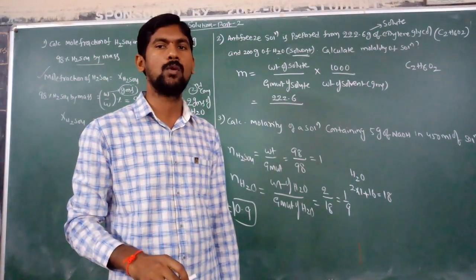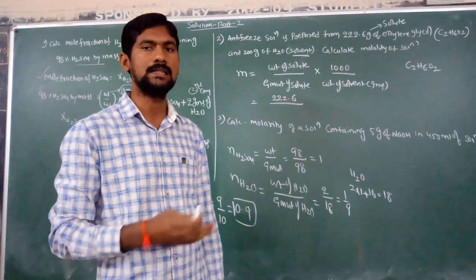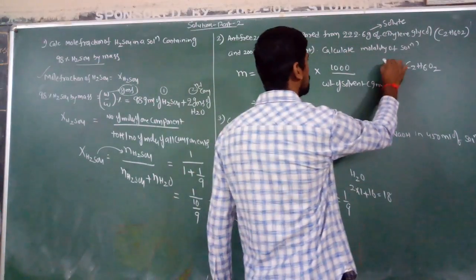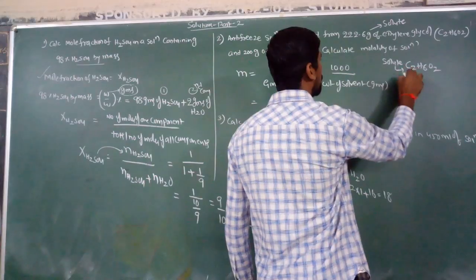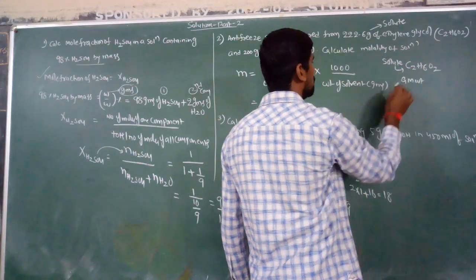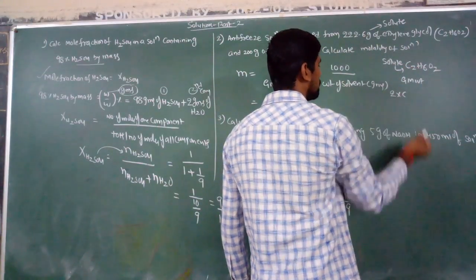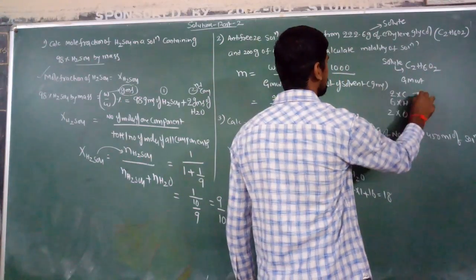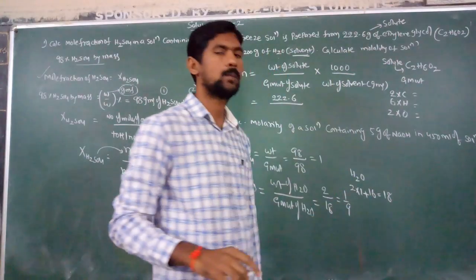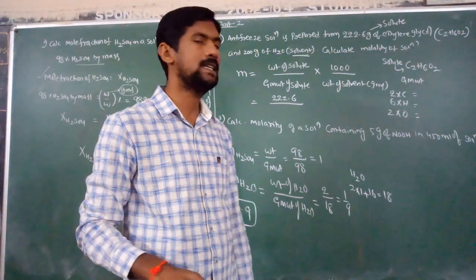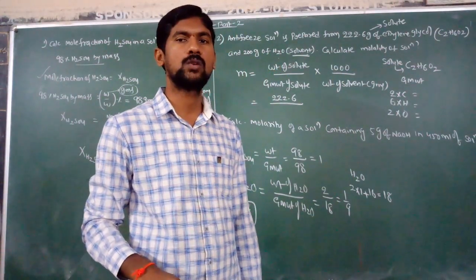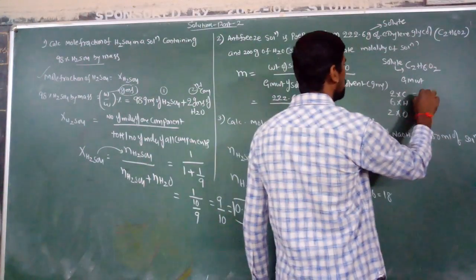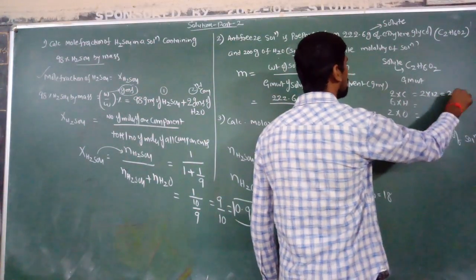Then find out the gram molecular weight of ethylene glycol, because it is the solute. 2 carbons, 6 hydrogens, 2 oxygens. Each carbon atomic weight 12, so 2 into 12 is 24.